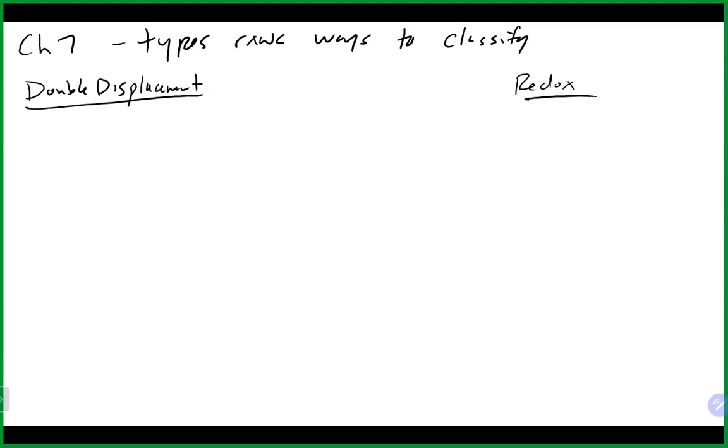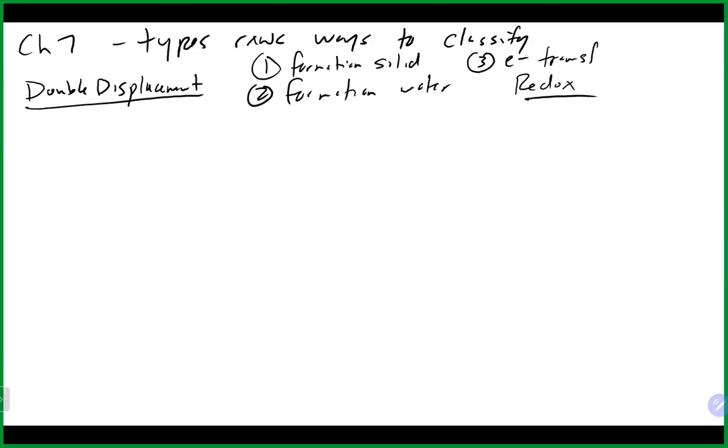And there's really 3 reasons why a reaction takes place: the formation of a solid, the formation of water, and lastly, an electron being transferred. Those are really the 3 reasons why reactions take place.